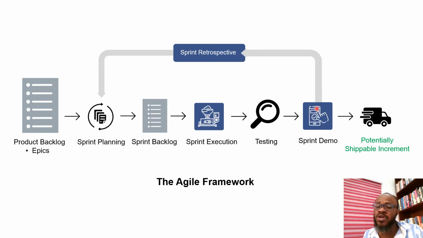If it's not good, whatever issue we uncover is fed into the sprint backlog for it to be addressed. And then of course, after every sprint demonstration, we perform a sprint retrospective in order to uncover areas that require improvement so the team can become better and better. So this is the generic Agile framework.